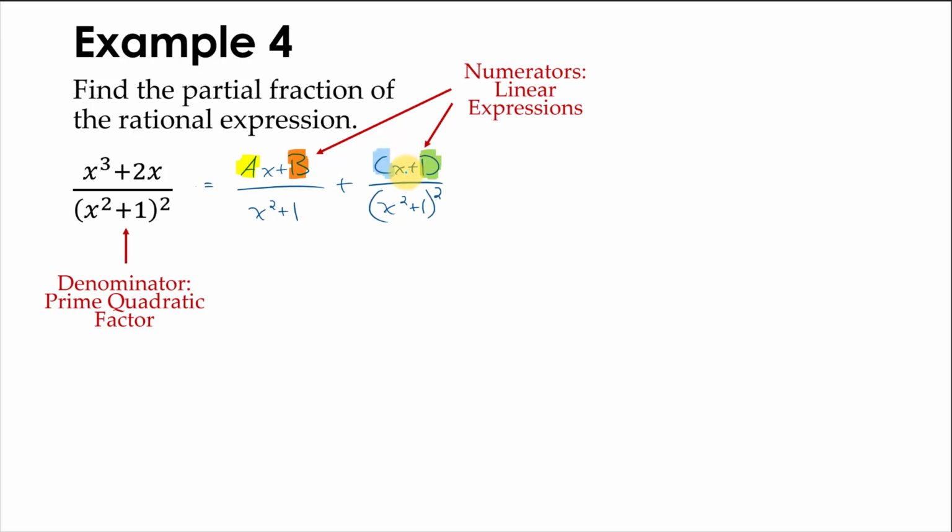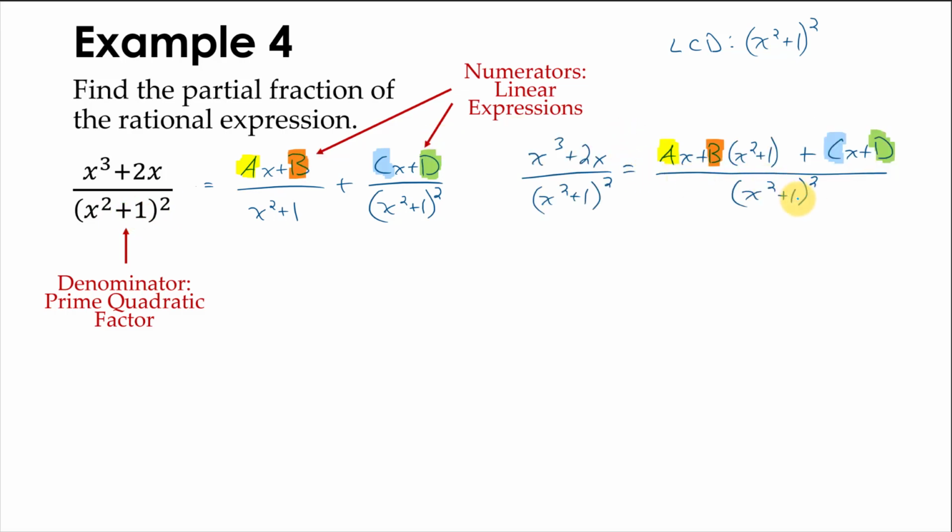Looking over at my LCD here, that's just going to be the original denominator that we have. So putting this under the same fraction, I've got to multiply my first partial fraction by x squared plus 1 on the top and bottom. There should be a parentheses right here, sorry.